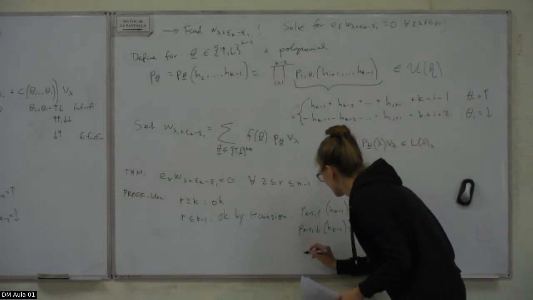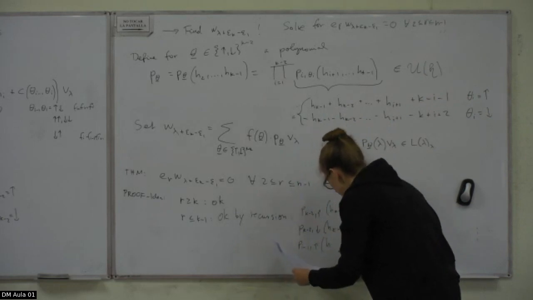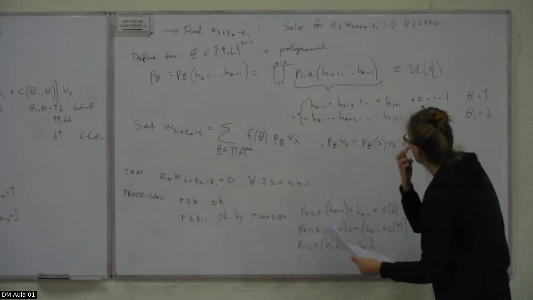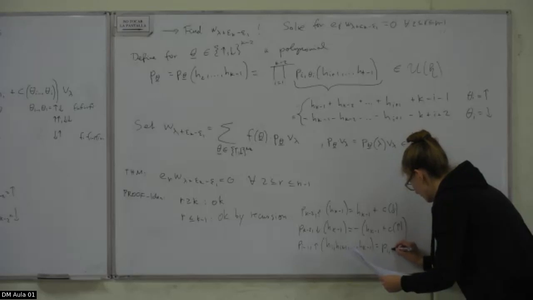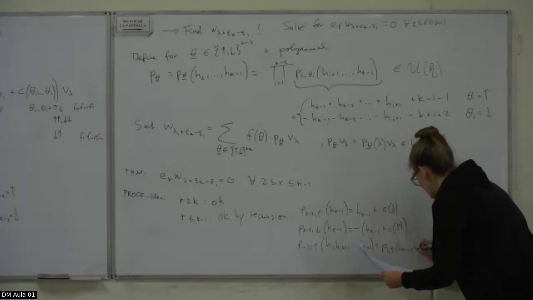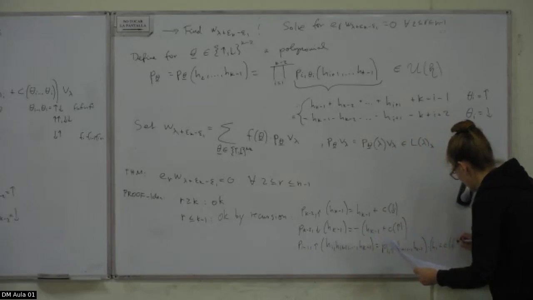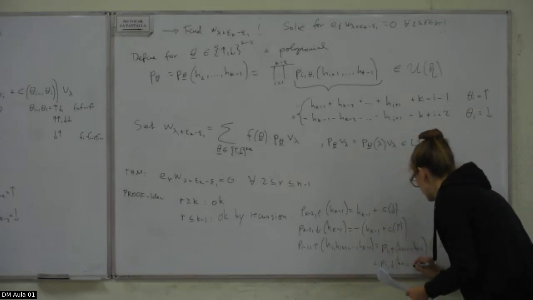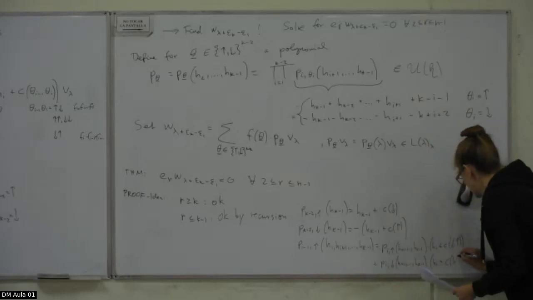And similarly for the rest of the recursion, whenever we have p_{i-1} of an up arrow of h_{i+1} up to h_{k-1}, then this is computed from p_i up arrow in h_{i+1} to h_{k-1} times h_i plus c down up, plus p_i down arrow h_{i+1} up to h_{k-1} times h_i plus c down arrow.